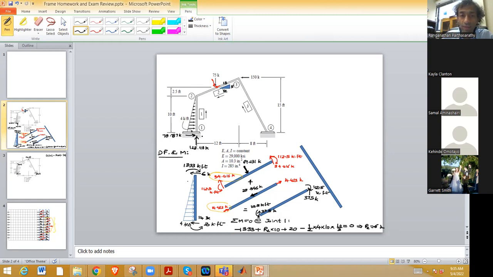Then negative, so clockwise, 5875. Let me convert it back to kip-feet: 489.586.